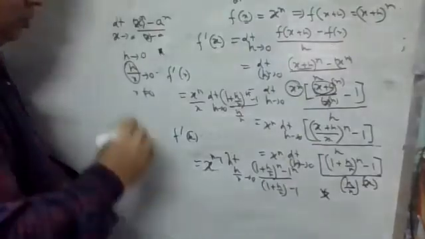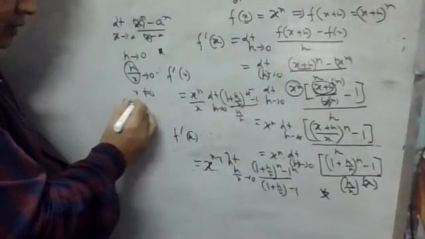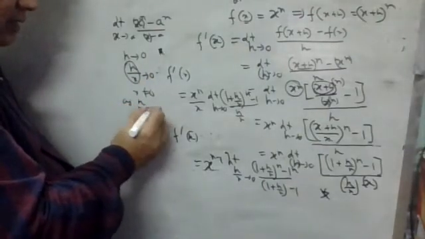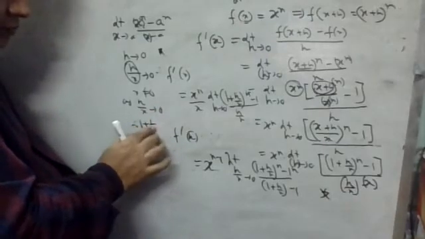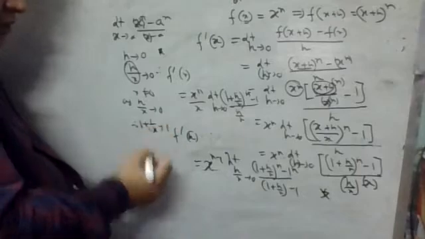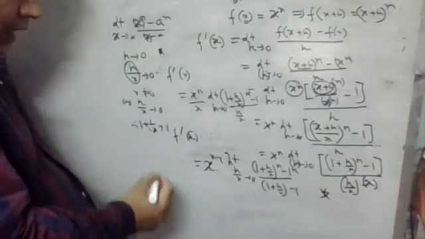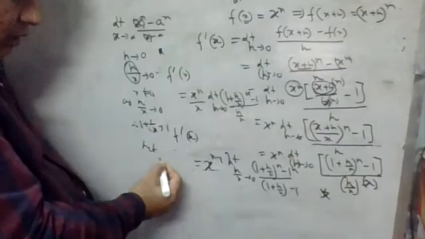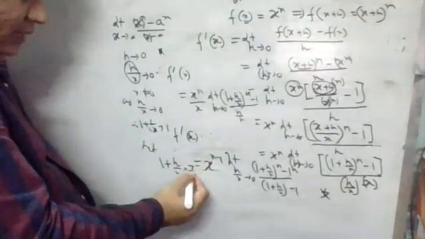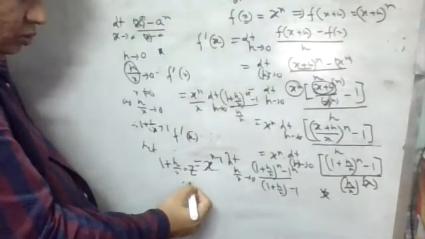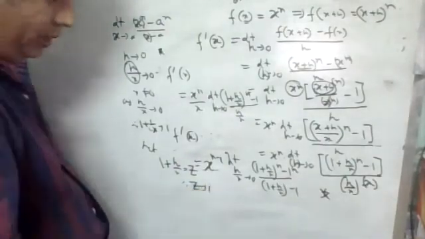Hope you understood. Now, as h/x tends to 0, let 1 + h/x be equal to z. So z tends to 1.